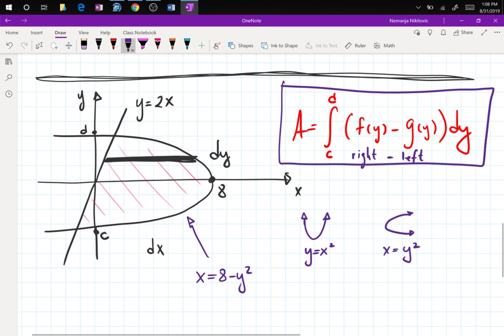How do you know it's not? Oh, never mind. The positive opens up and the negative opens down. If you stand this up, it will be opening down, so it's negative y squared. So 8 minus y squared. See, this is the positive y squared, and it opens up to the right. This one opens up to the left, so it's 8 minus y squared. I mean, negative y squared plus 8, but we just write it this way.